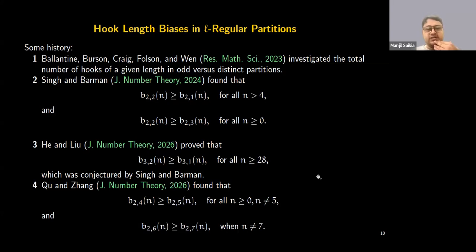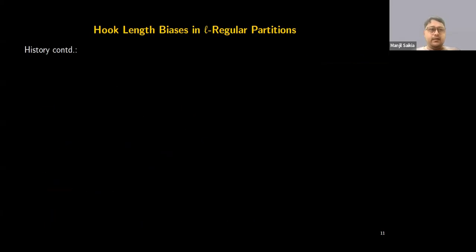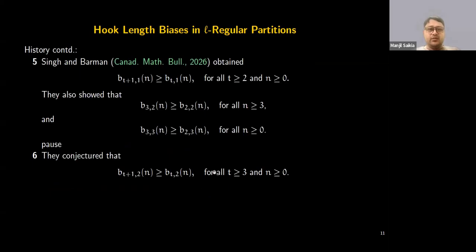There were certain conjectures given by Singh and Barman, and those were recently proved by Ku and Zhang and He and Liu in 2 separate works, both published in the Journal of Number Theory this year.